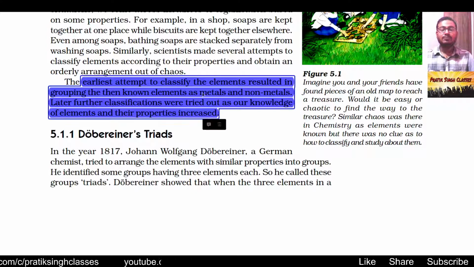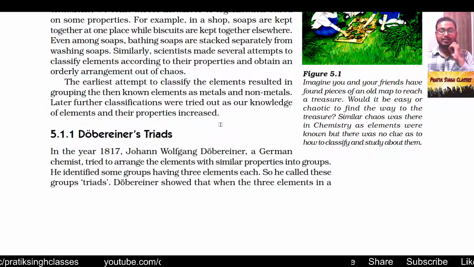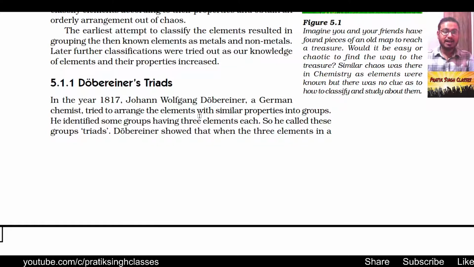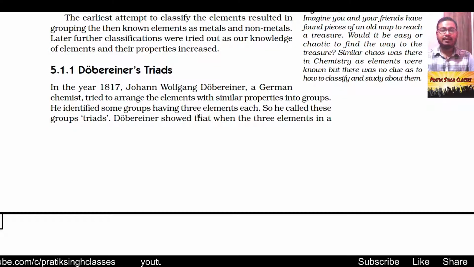Earlier, very few elements were known, so scientists separated them into metals and non-metals. But as research went on day by day, they found many different types of elements and also different properties, so it became a very tough job to classify them according to the knowledge they had at that time.